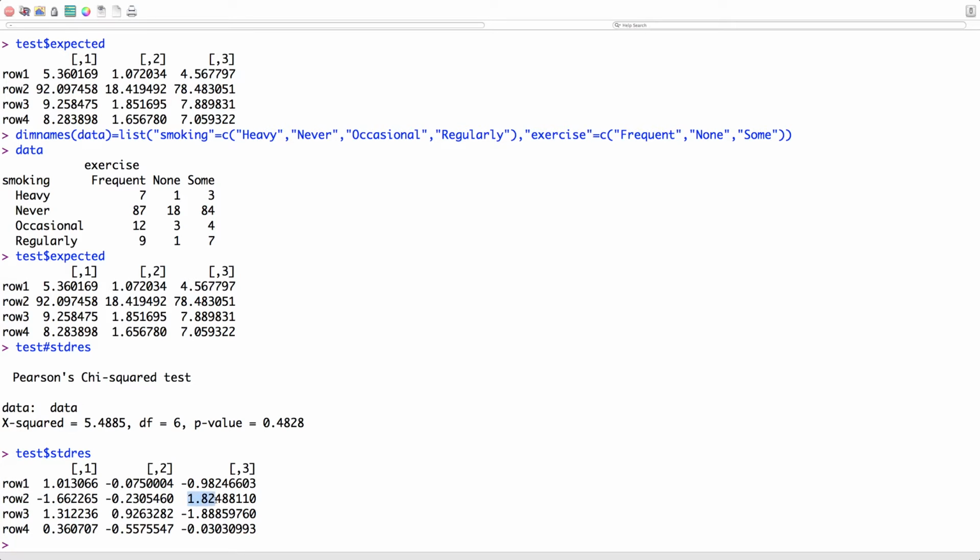Now I want to interpret one of these for you. So let's go with this one, row 2, column 3. You can see up here that this is the occasional smoker with some exercise.